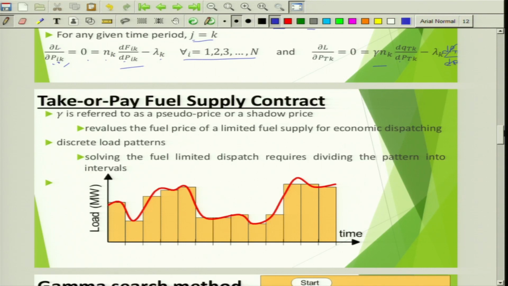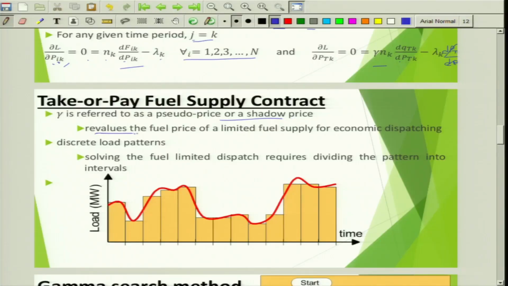Now gamma is referred to as a pseudo price or a shadow price. It's not an actual price, it just helps you minimize the overall cost while considering the constraint. It revalues the fuel price of a limited fuel supply for economic dispatching. Without gamma, there is no fuel constraint and only lambda is available.